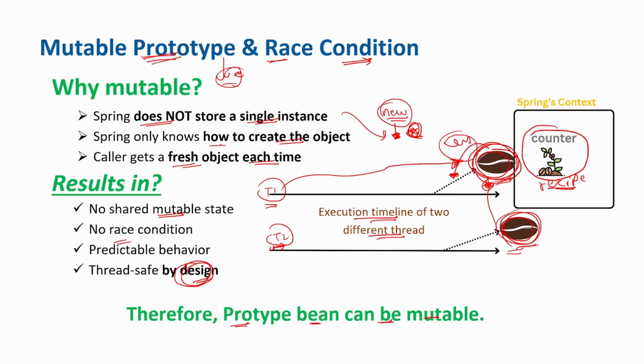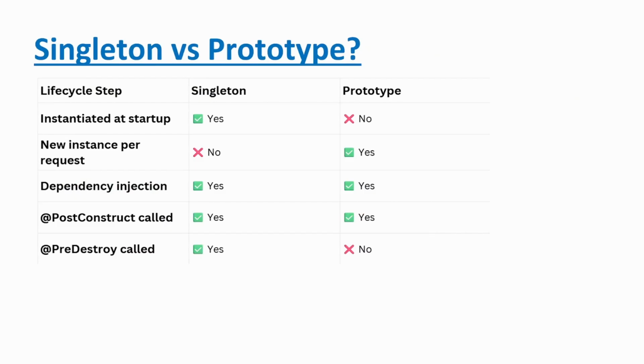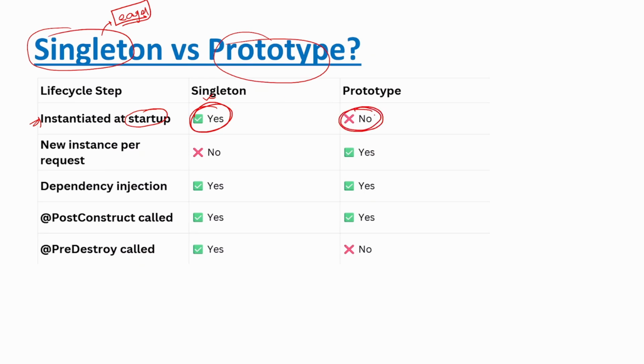Now let's see the difference between the prototype bean and the singleton bean, and let's end this video. So what is the difference between the singleton bean and the prototype scope bean? In the case of the singleton bean, the default behavior is eager instantiation, so it is instantiated at startup, but the prototype bean does not instantiate at startup.